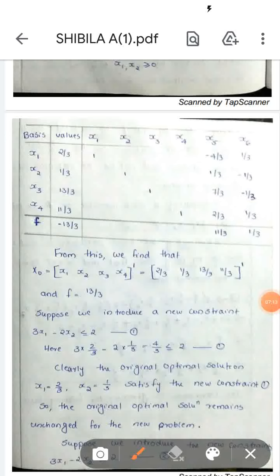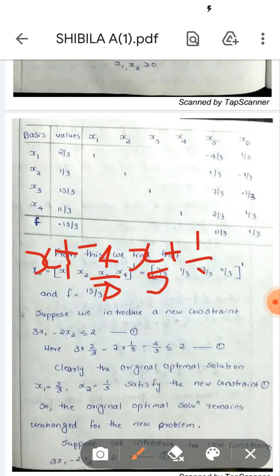From this table we get x1 minus 4 by 3 x5 plus 1 by 3 x6 equal to 2 by 3.